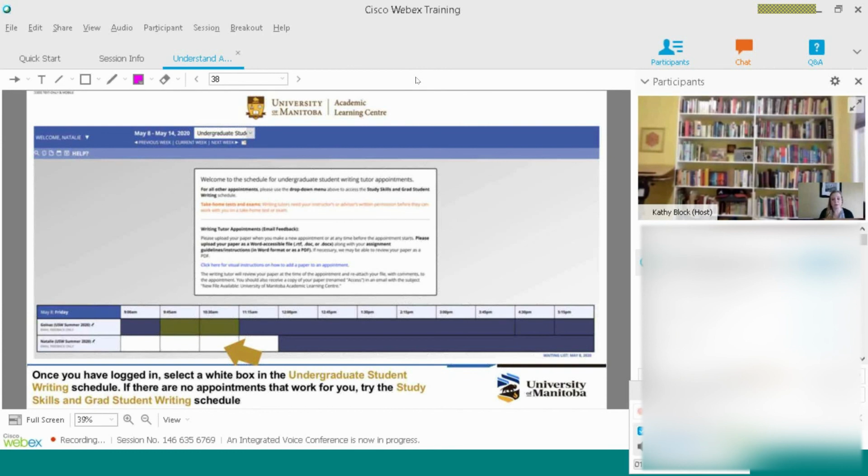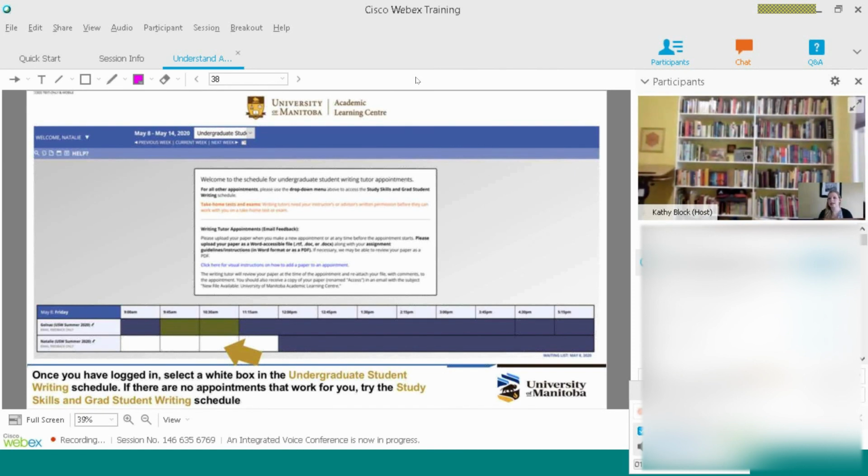Now, once you've created an account, you can log into the Academic Learning Center's online booking system, and by default, you'll be taken to our main schedule, which is the undergraduate student writing schedule. To book an appointment, you're going to want to look for an open appointment, which are the white boxes, and then click on it.